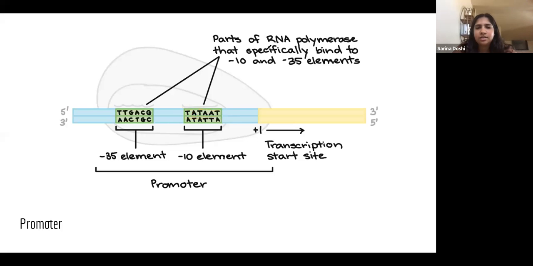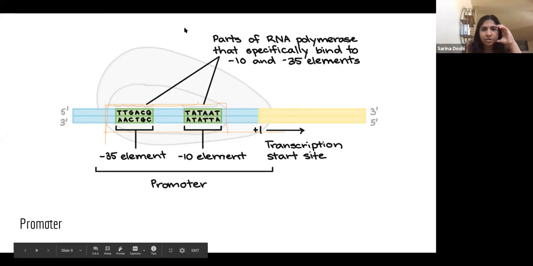And what will happen is you'll have a promoter, which is this region. It's the promoter region of your DNA, and that is where RNA polymerase, the transcription protein, will bind.